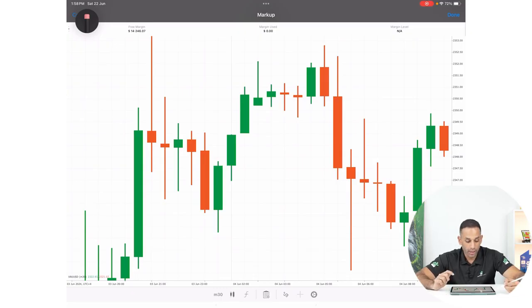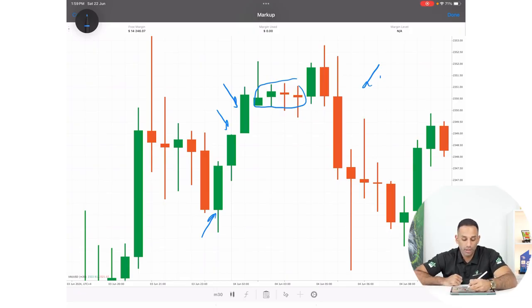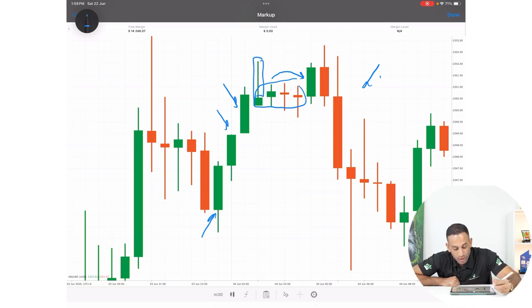Okay, awesome. So in this case, what I want to point out is this move that we had. Before this move started, we were consolidating, this was all consolidation. We had this clean move that happened, price moved up. And let's say we came to the charts where you have a candle that's closing bullish like this. Now you have a candle closing bullish within this wick here to the left hand side.